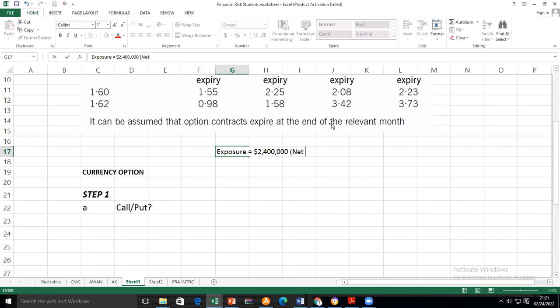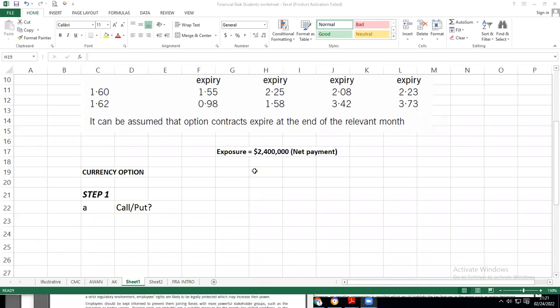And this was a net payment. So this company had this exposure. When was this? Three months from now. Okay, so let's just break this.